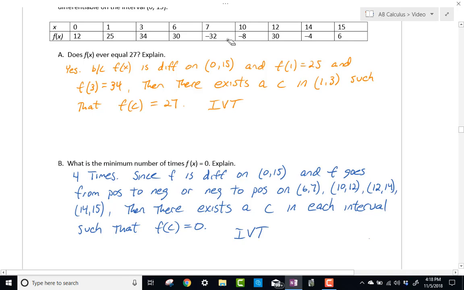Okay? So I need to find an interval where f of x goes from increasing to decreasing or decreasing to increasing. Okay? And let's see here.